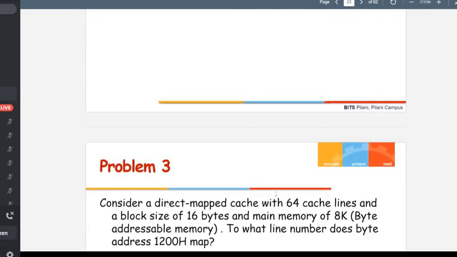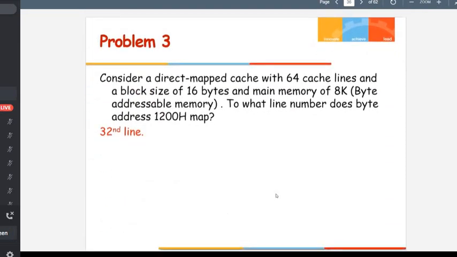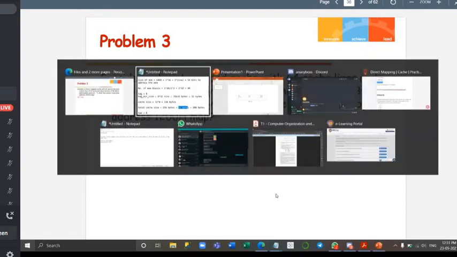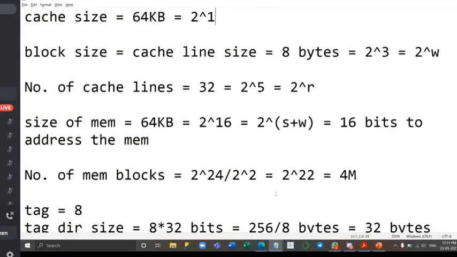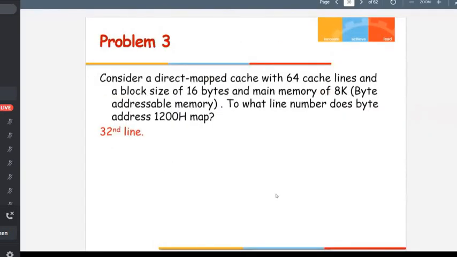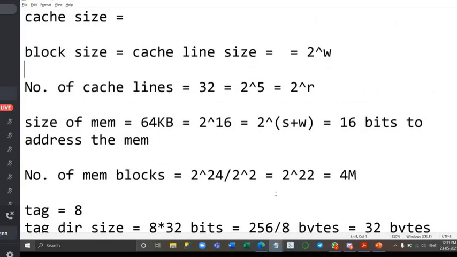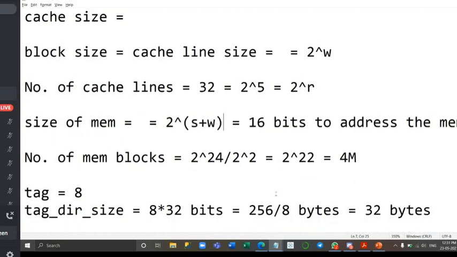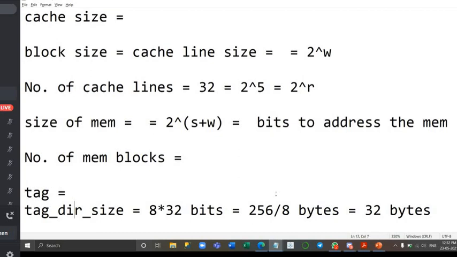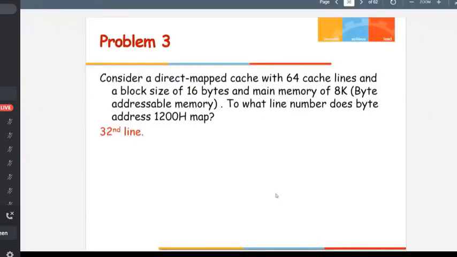Okay, a direct mapped cache. We will again go and use all of this. Let's delete it. I have a direct mapped cache with 64 cache lines.